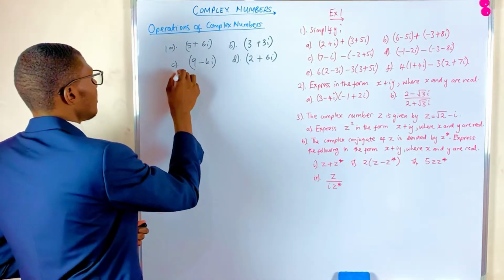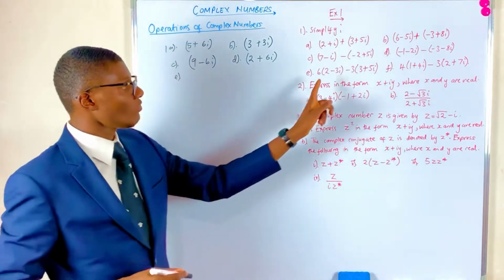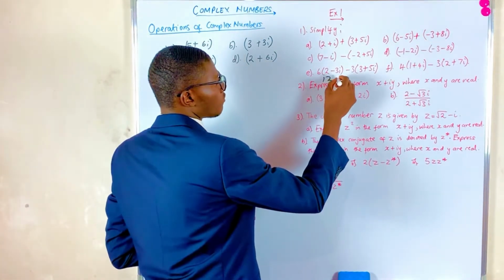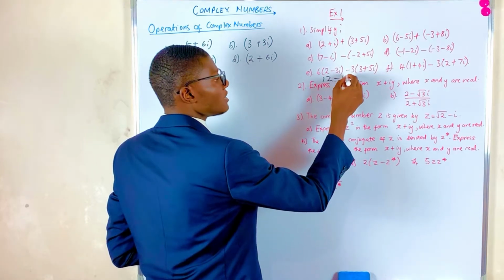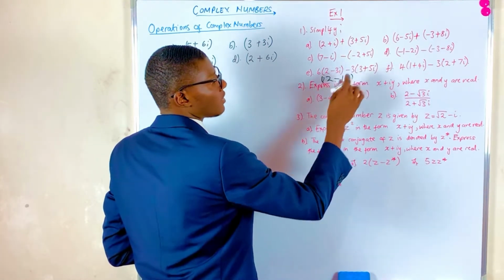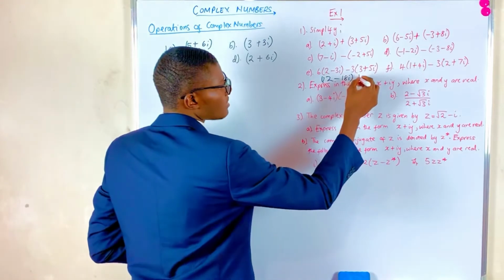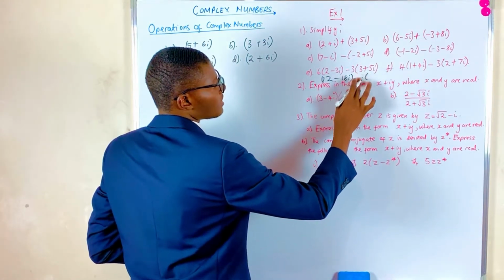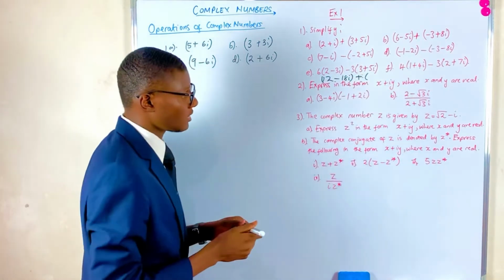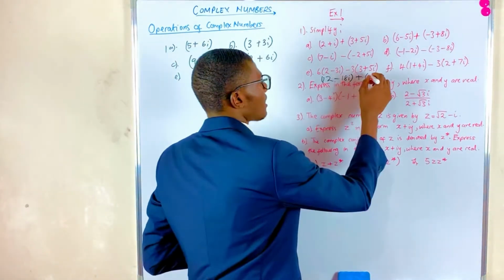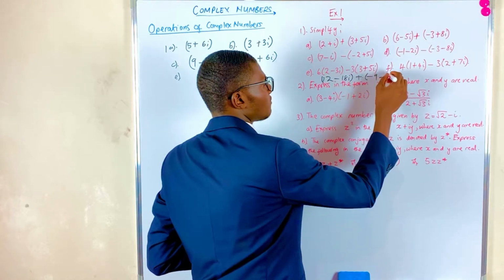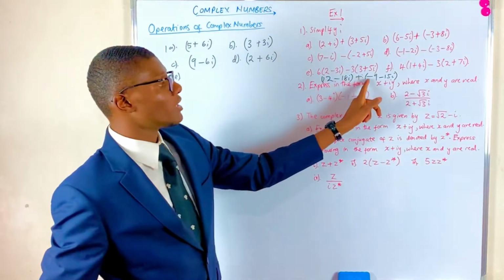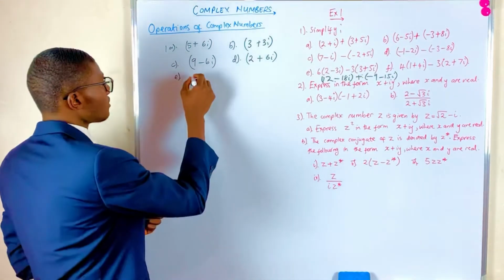Then moving on to part e, if we first simplify this, we get 12 minus 18i in brackets, and then of course plus, if we decide to actually add, plus minus 9 minus 15i, such that we've got 12 plus minus 9, which is 12 minus 9 to give us a 3.